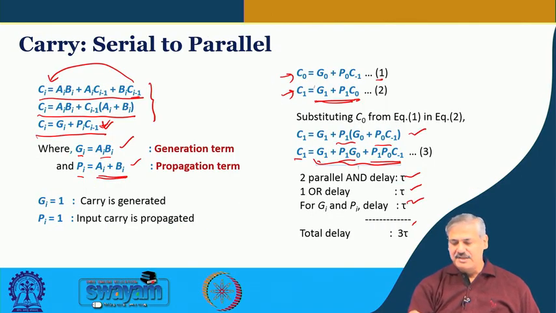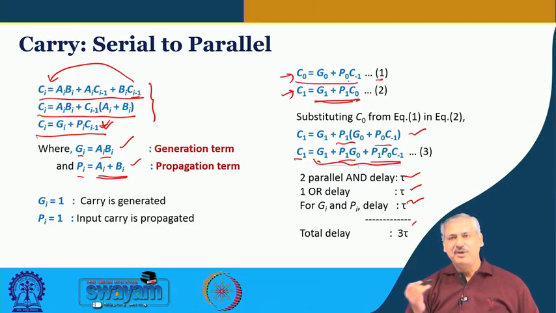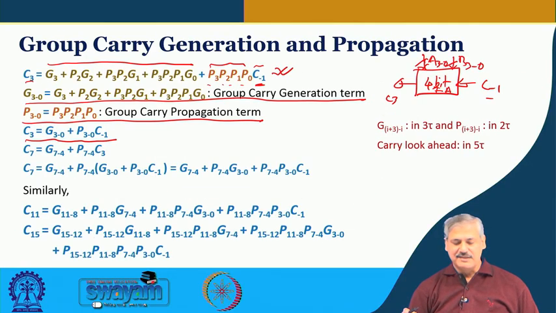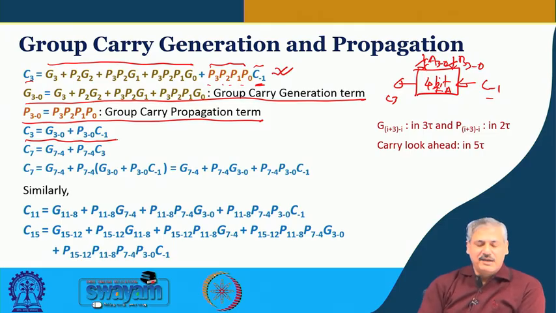So, earlier we were doing bitwise carry generation, now it is blockwise carry generation. This is the group carry generation term and group carry propagation term. Earlier it was only the generation term and propagation term. That was bitwise, this is blockwise. This is the difference, clear.